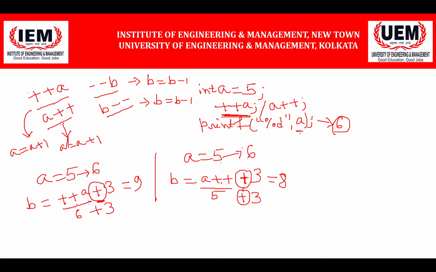But in the case of post increment, or you can say post decrement, after the operation the value of A in the case of post increment is incremented by 1, and in the case of post decrement the value is decremented by 1. I think now it is clear to all.